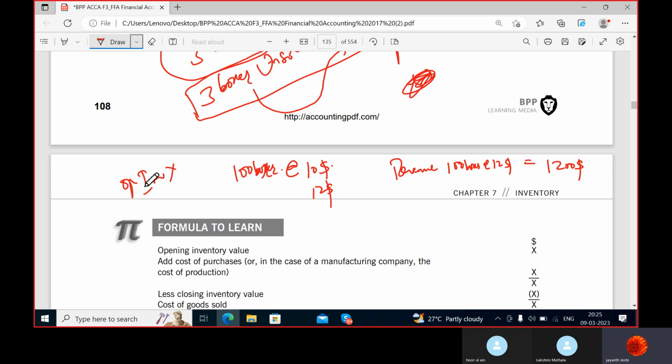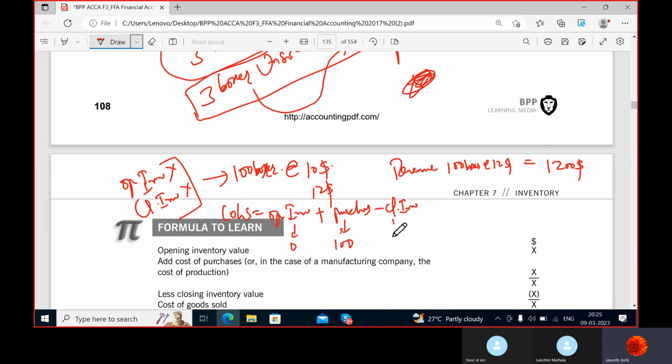See, I have no opening inventory. There is no closing inventory. When these two are not present, then definitely this is my purchases. So my COGS would be what? Opening inventory, which is 0, plus purchases, which is 100 boxes, minus closing inventory, which is 0. Correct?